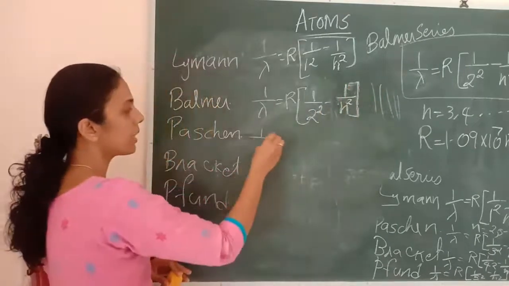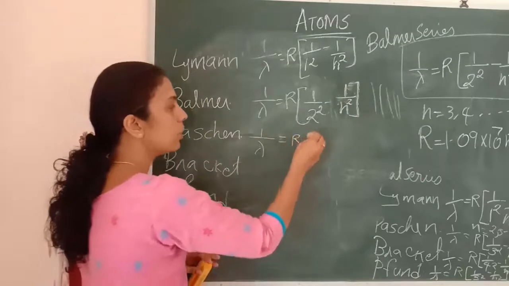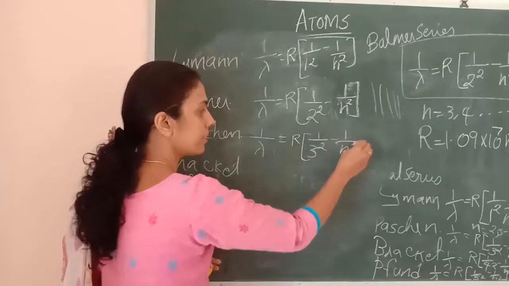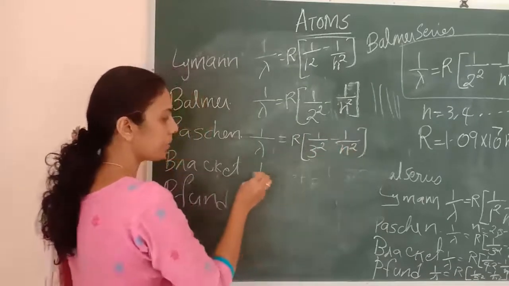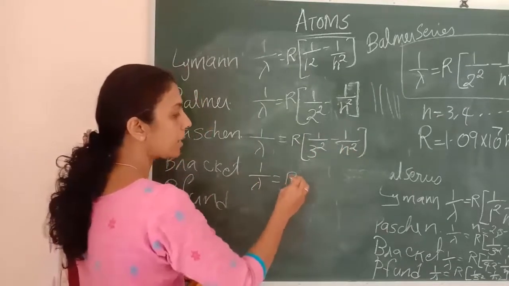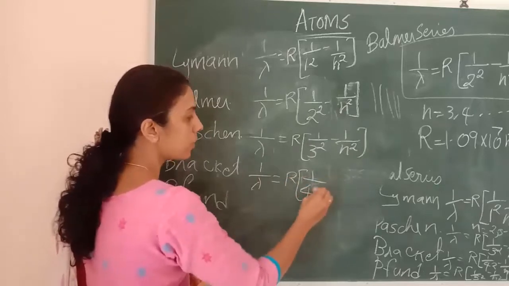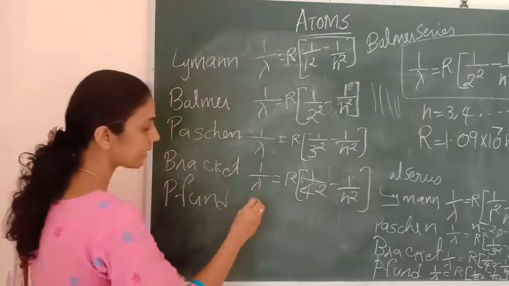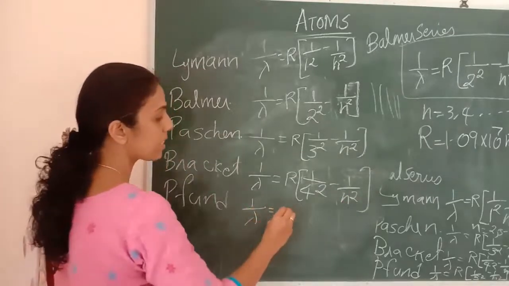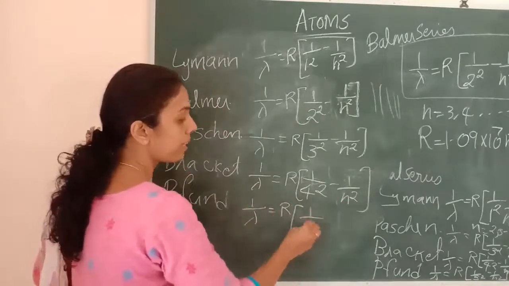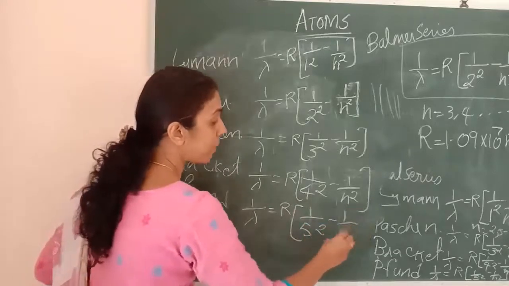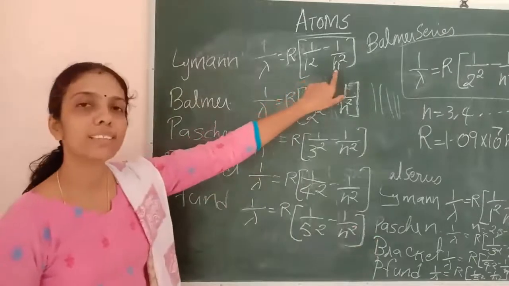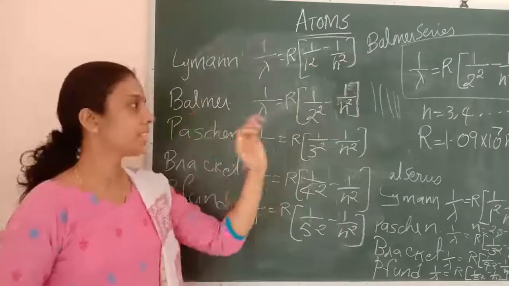Then 1 by lambda equals R into 1 by 3 square minus 1 by n square, and 1 by lambda equals R into 1 by 4 square minus 1 by n square, and in the Pfund series, 1 by lambda equals R into 1 by 5 square minus 1 by n square. So what will be the value of n here? 2, 3, 4, 5, etc.